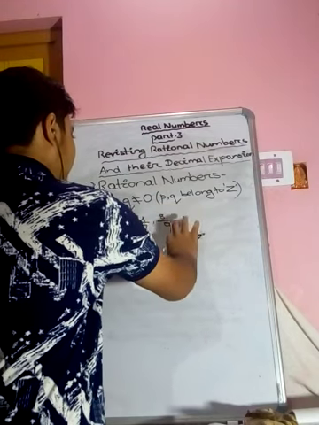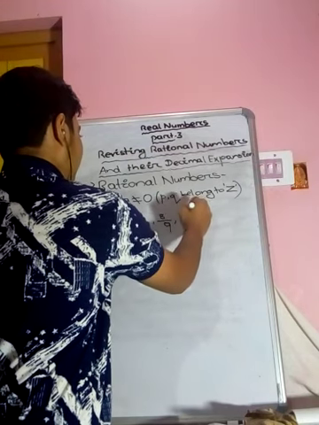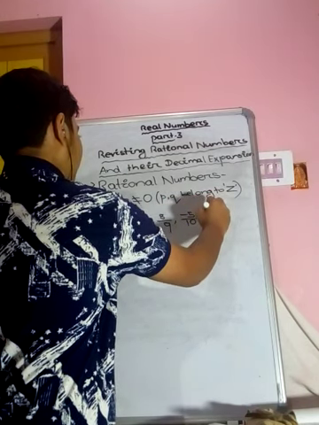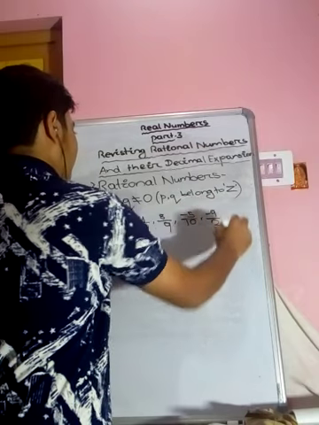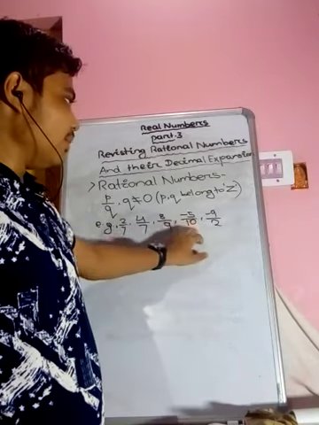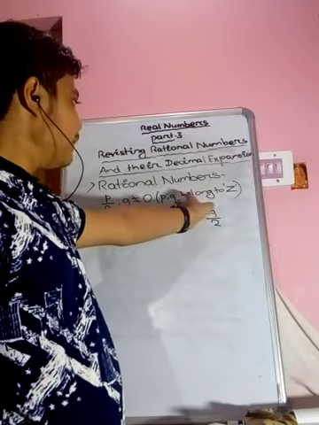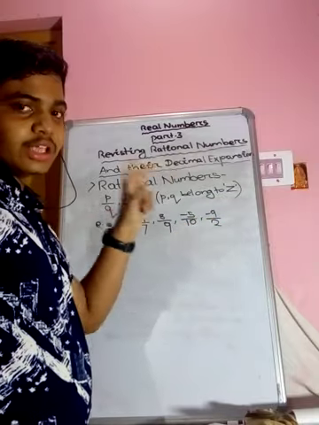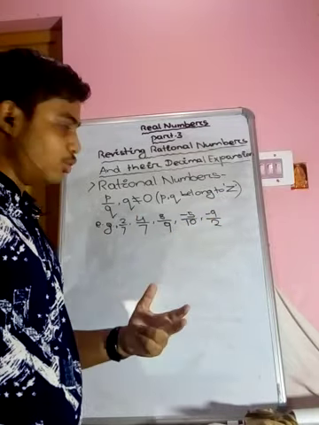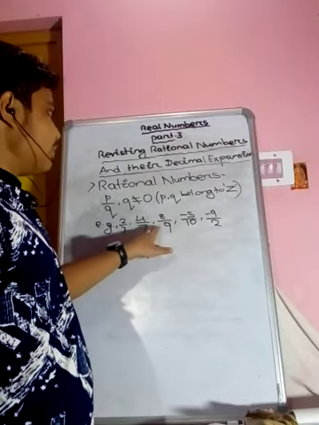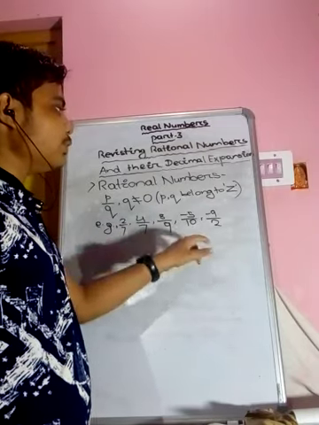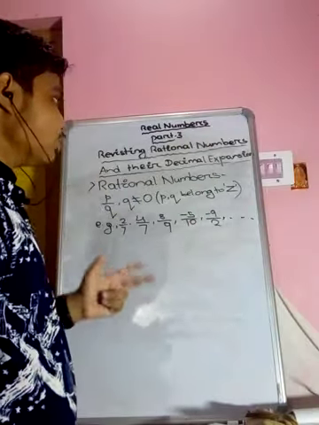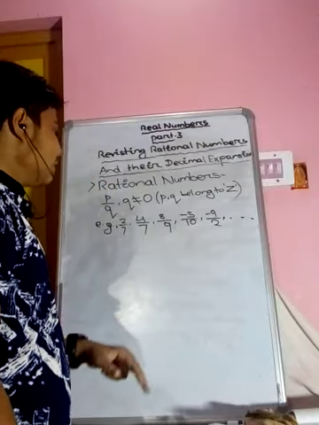Negative fractions, like minus 5 by 10 and minus 9 by 2, can also be rational numbers because p belongs to Z and q also belongs to Z, and Z includes the negative numbers and the positive numbers including 0. So 2 by 7, 4 by 7, 8 by 9, minus 5 by 10, minus 9 by 2, and so on, all belong to rational numbers.